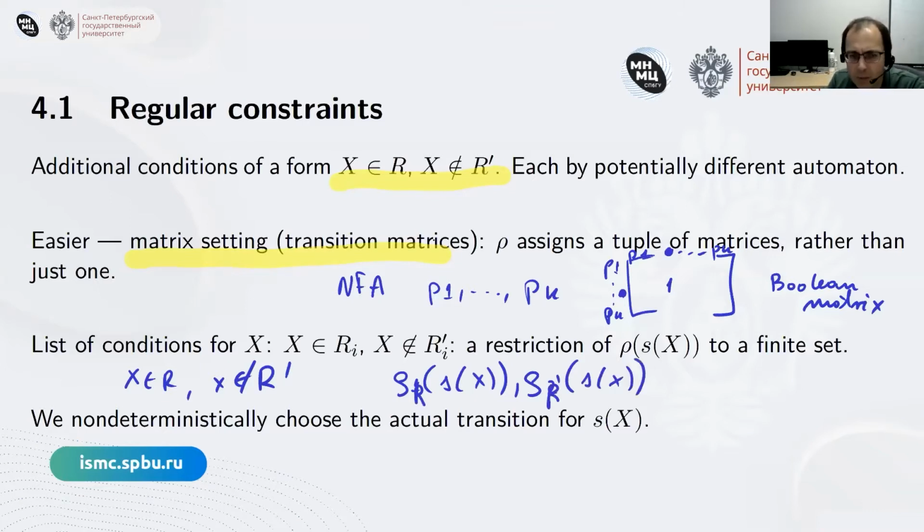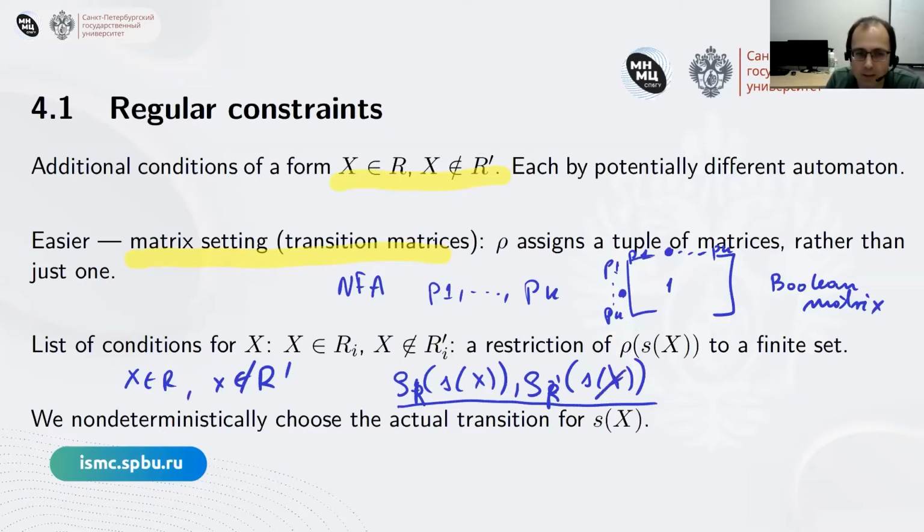Of course, this is not a one-to-one transformation, because saying just that the word is accepted doesn't specify exactly what the transition matrix is. Saying that it's not accepted, again, does not specify the transition matrix. But we can make a non-deterministic guess, or choice, at the very beginning, and just say what the transition matrices for the substitution for x should be.